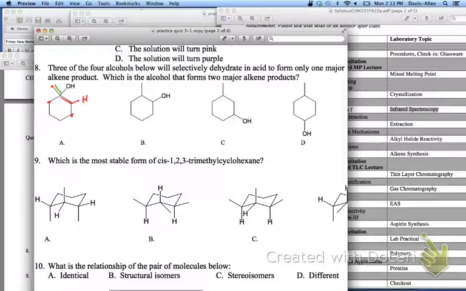Okay. What does the green have around it? Carbon, carbon, hydrogen, and hydrogen. Okay. This explanation is technically incorrect, but I think it works exceptionally well. We're concerned about forming the most stable double bond.